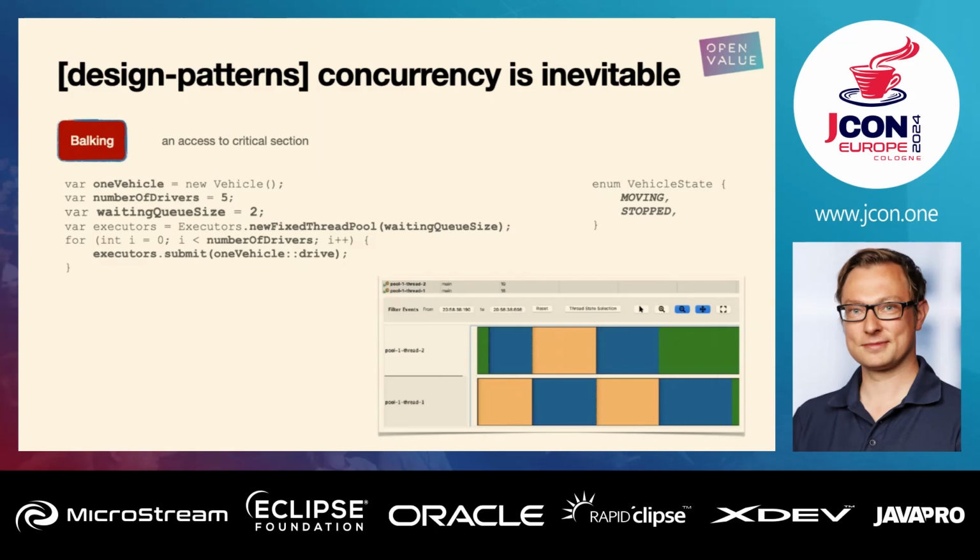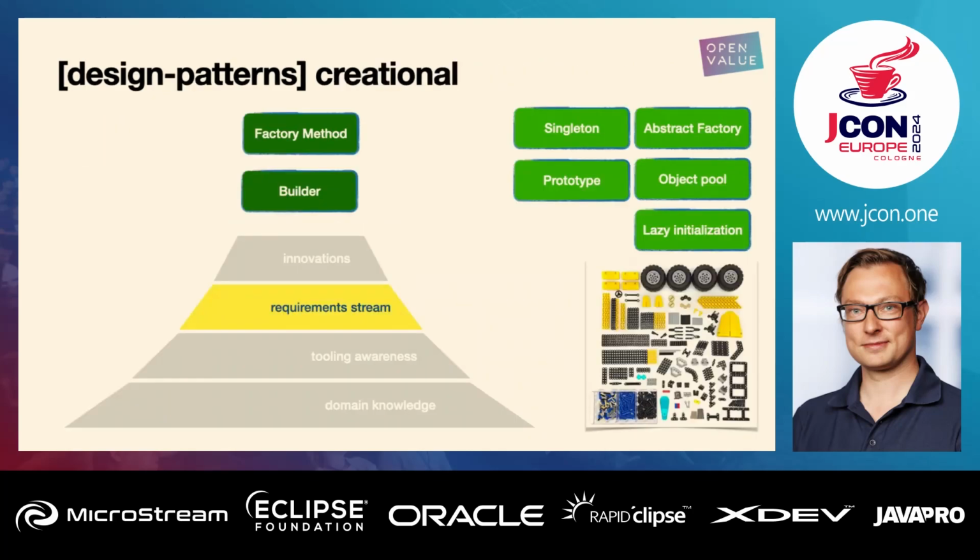And you see on the image there how the threads work. Only one driver can drive at a time, right? But first, to get there, we need to fulfill the requirements. We need to first nicely create our objects. And you see here, right now we are stopping exactly in the requirement stream, where it resides.